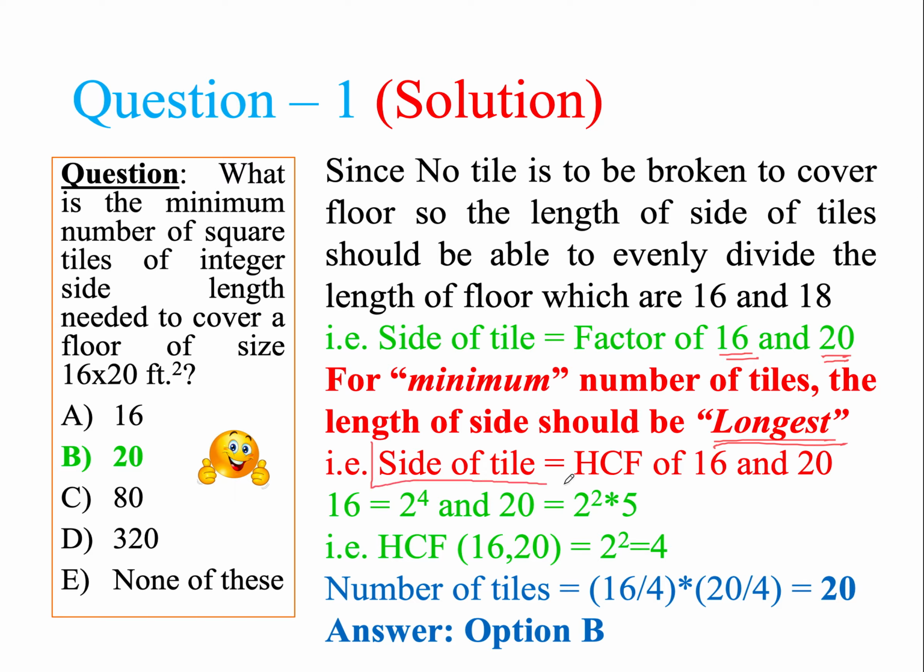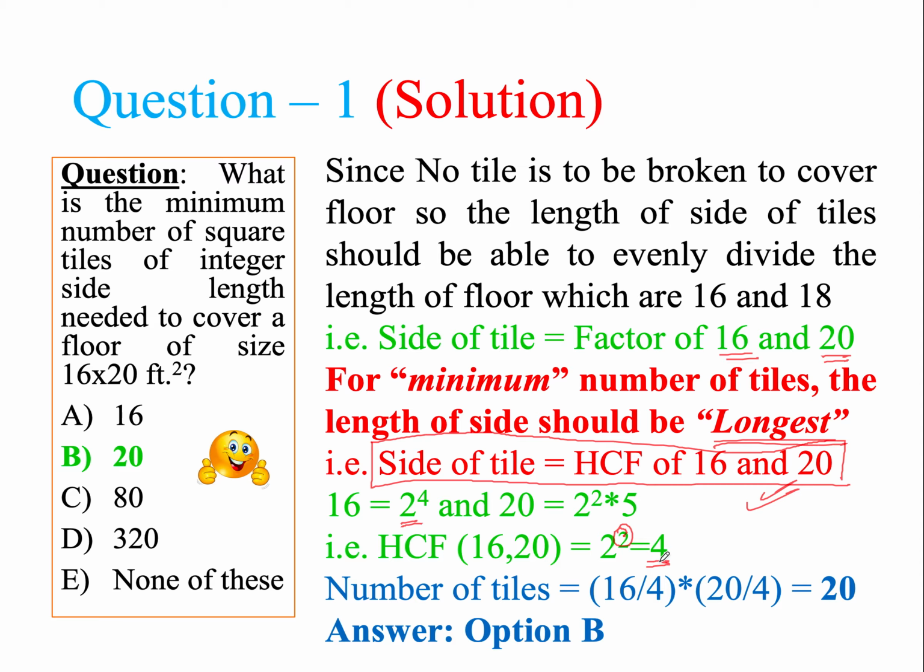So we come to this principle that the side of the tile will be the highest common factor of 16 and 20. Now we have already seen how to find the highest common factor of any given set of numbers. 16 is written as 2 to the power 4, 20 is written as 2 squared times 5. So the common prime number here is 2, and the highest power of 2 that is available in both the numbers is 2 again.